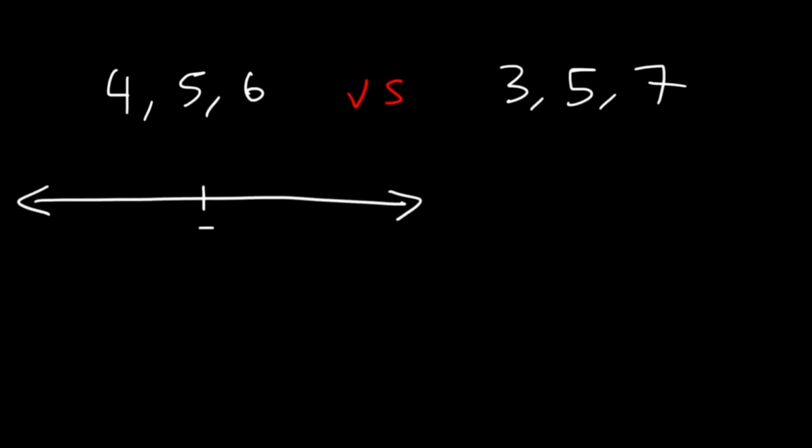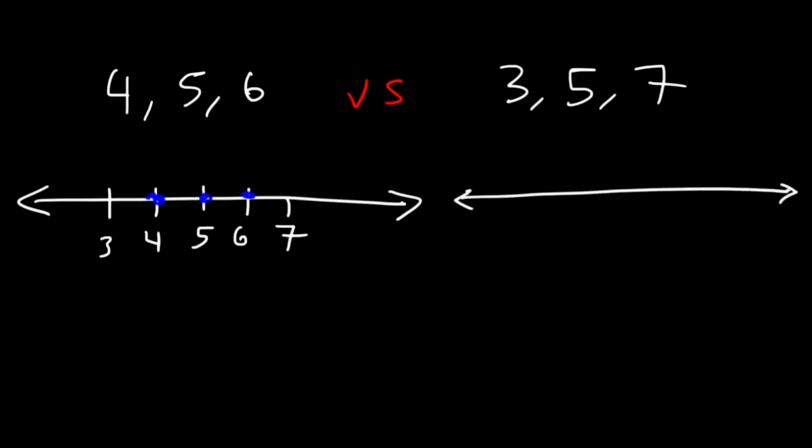Let's put 5 in the middle. So 4, 5, and 6, here they are on a number line. Now in contrast, let's put the same numbers on this number line.